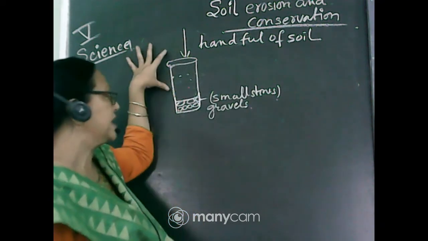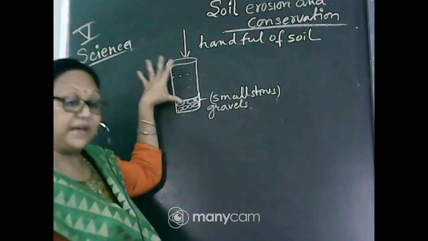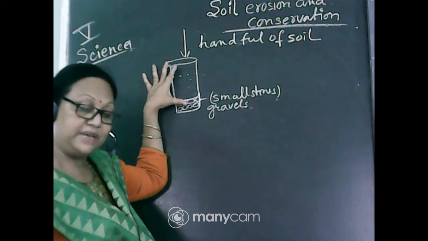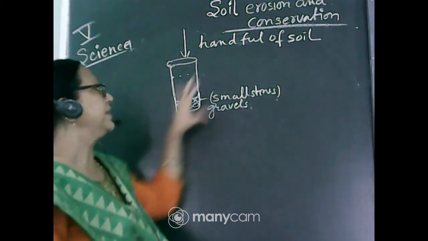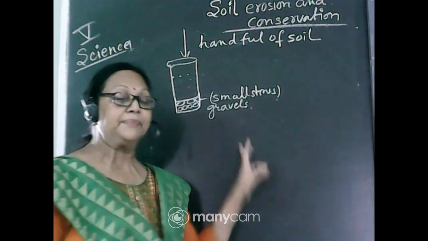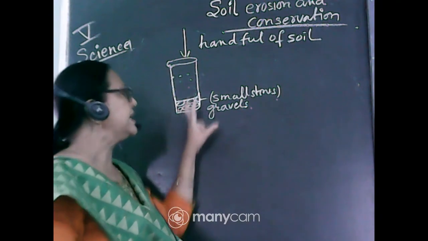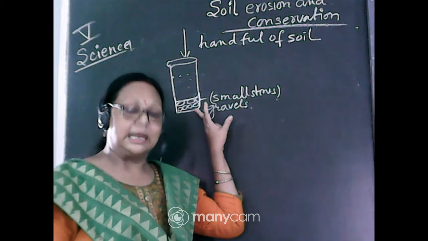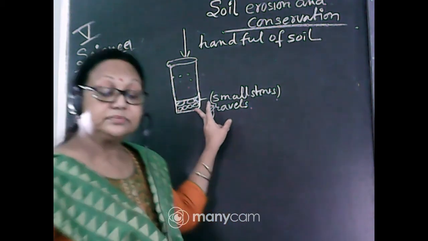What are we doing? We are taking a beaker and filling two-thirds of it with water. Then we put in a handful of soil, and at first the small stones or gravel will settle on the bottom of the water.